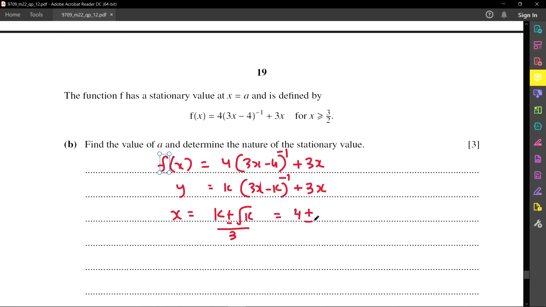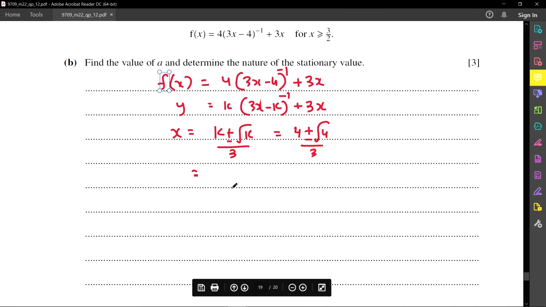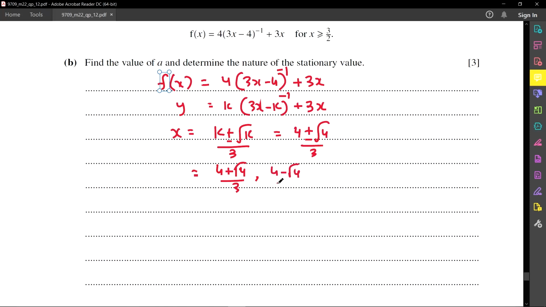So 4 plus or minus root 4 by 3. One is 4 plus root 4 by 3, the other one is 4 minus root 4 by 3. 4 plus root 4 is 6 by 3 is 2. 4 minus root 4, root 4 is 2, so 4 minus 2 is 2. Therefore it is 2 by 3.